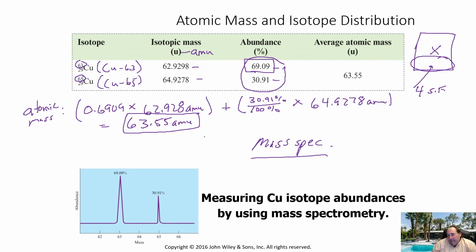In my bad example here, you send the sample through, you heat it up, it goes through a magnetic field and electrical field and kind of spins, and then it hits a screen, and basically it separates it out based on where it hits.